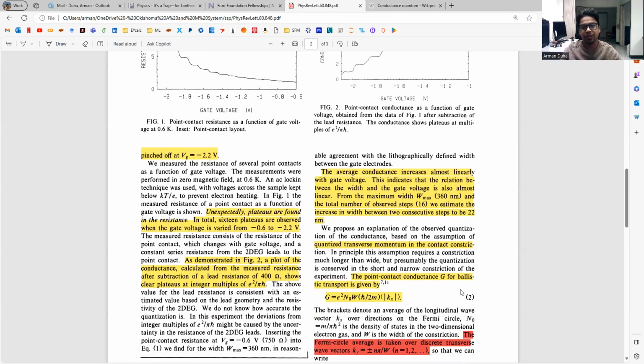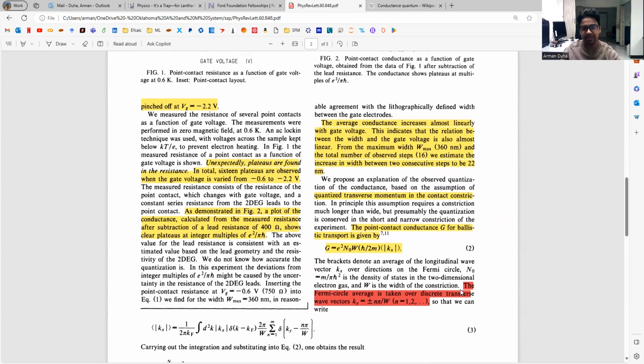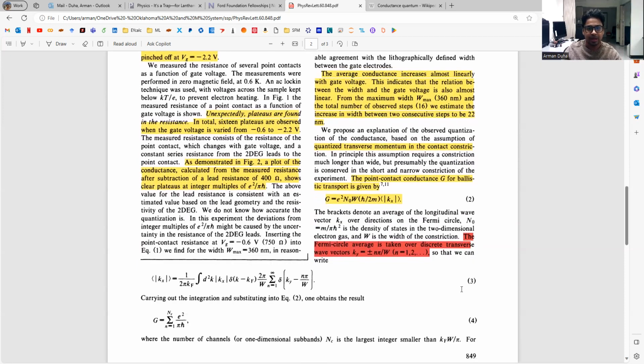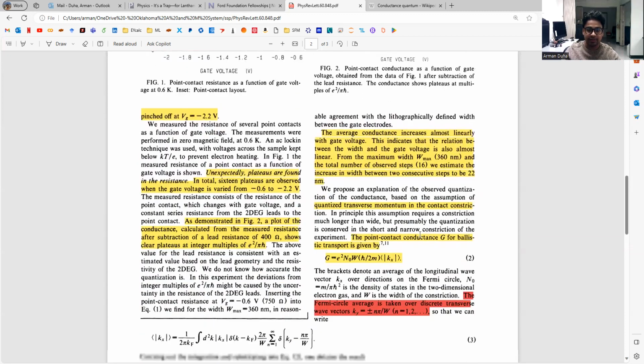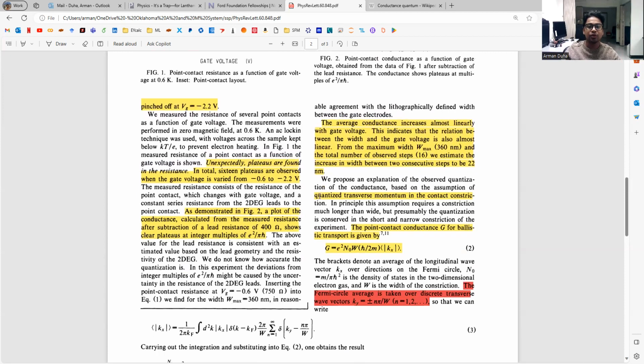So now let's go into the theoretical part of it, the way that they explained this observation. What they are assuming here for explaining their findings is that there's a quantized transverse momentum in the contact constriction, which means at the point contact. So what do you get if you take this assumption?